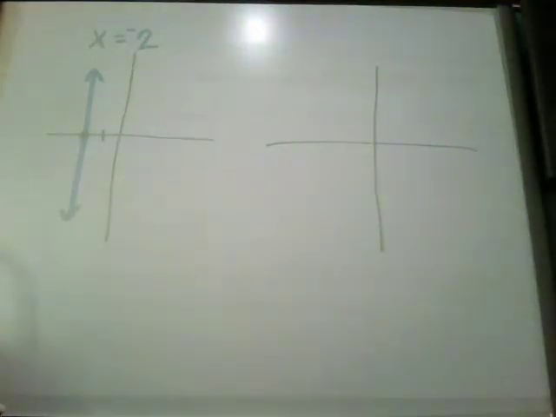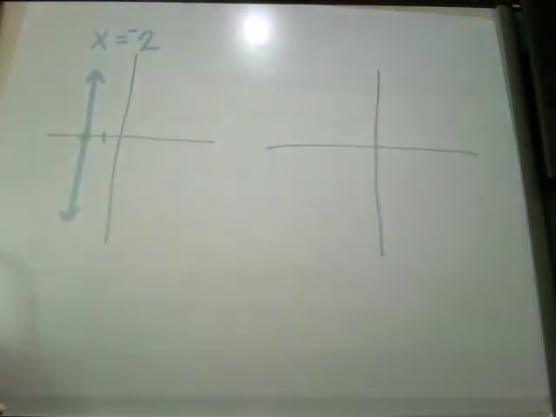This will never touch the y-axis. It's parallel to it. It will never cross it. There are no y values. A y value means it crosses the y-axis. And this doesn't. So if you get an equation like this, x, it crosses the x-axis at this point.